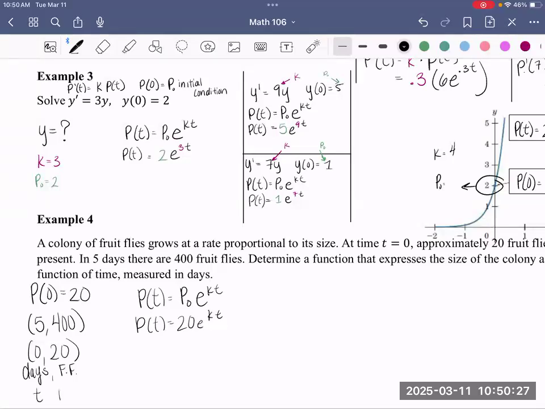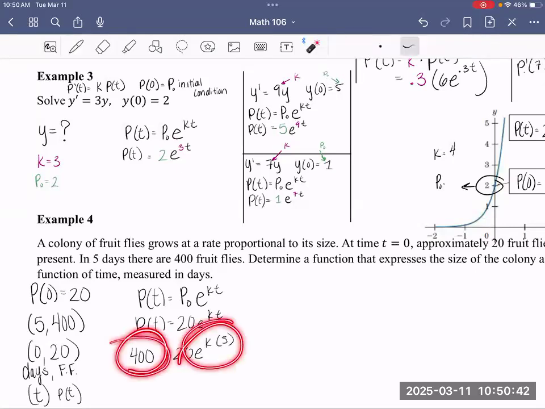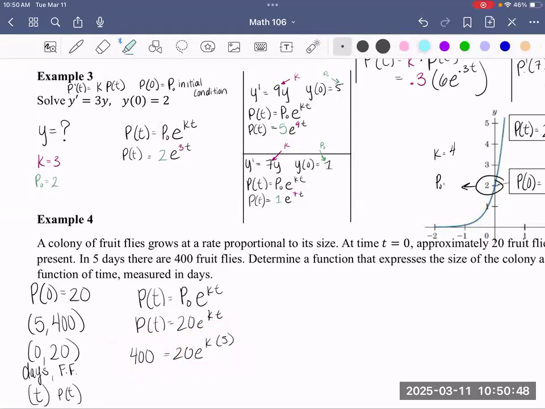Because this is t and this is P of t. So in that case, P of t, we could say this is really 20 e to the k, we don't have k, but we do have that in 5 days time your colony is 400 fruit flies strong. That means that we need to come up with a way to solve for k.